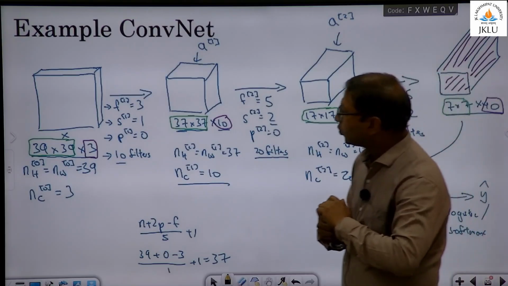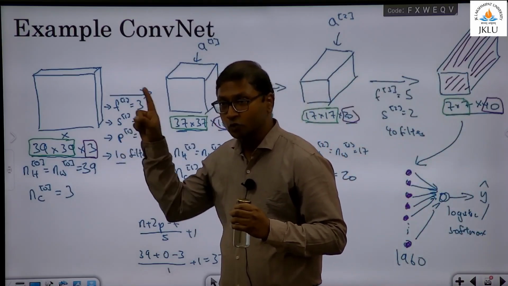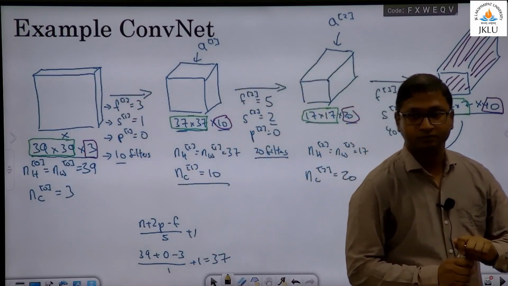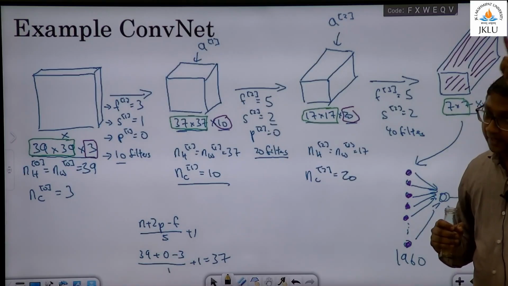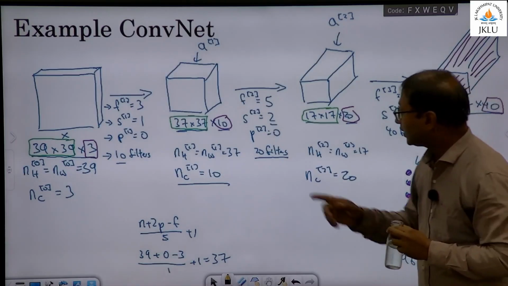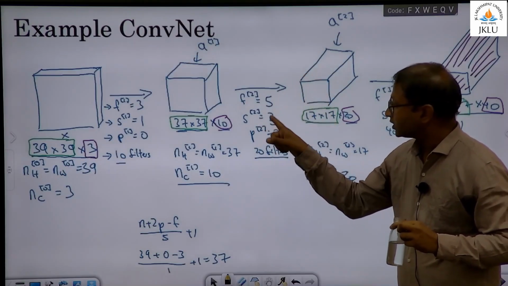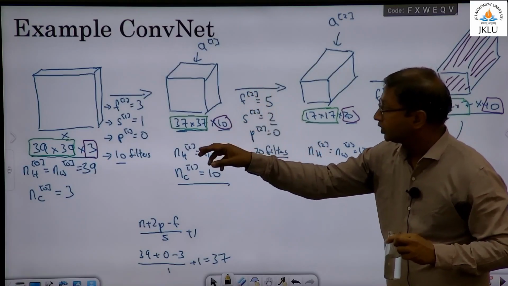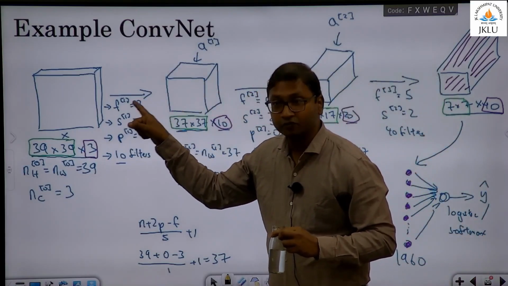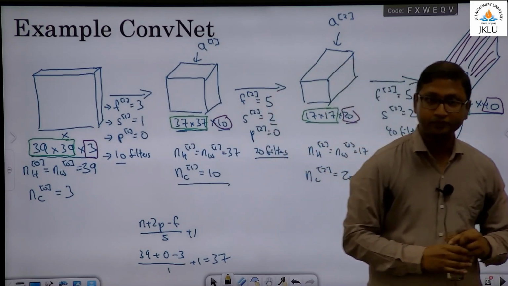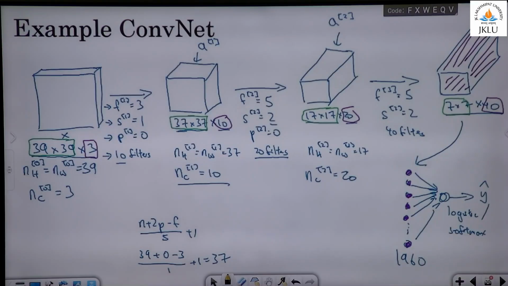Tell me what could be P superscript 1 in square brackets? Padding in layer 1. What will be P2 in square brackets? Stride at layer 2, filter at layer 2. So you can already see filter at layer 1 can be different from filter at layer 2. So give me the total number of parameters in this now.